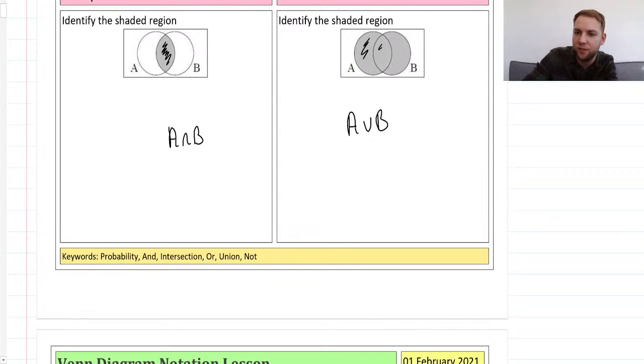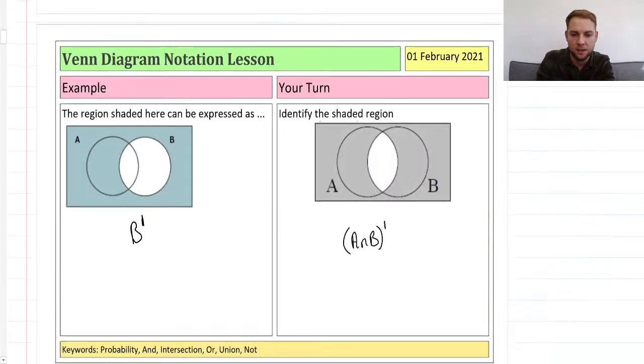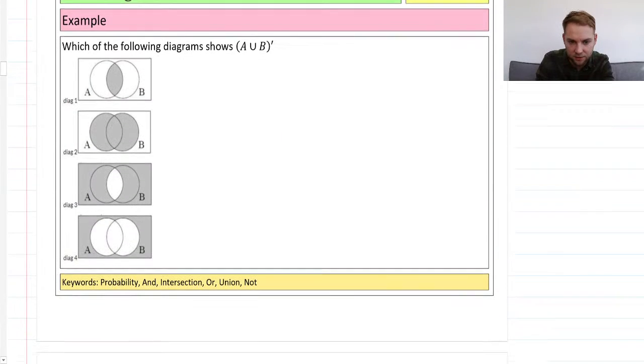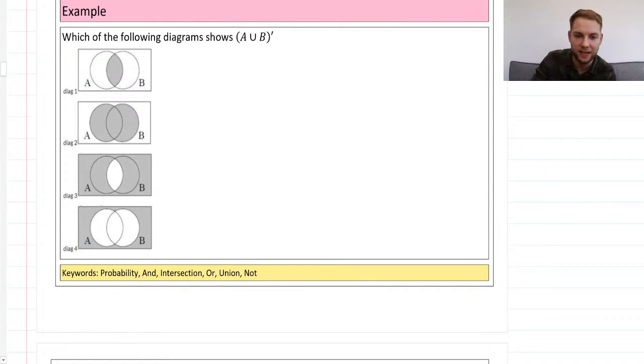So we want everything which is not shaded in these three. So which one is that then in this question? Well, the three which are not shaded is diagram 4. So the answer to this one here is this one here, which is A or B, not A or B.